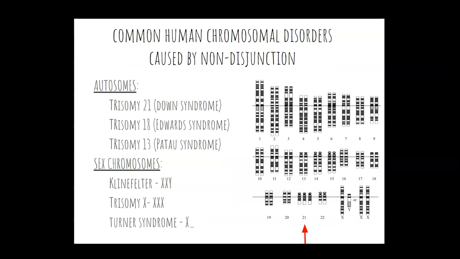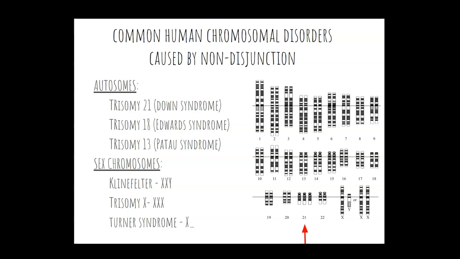There are quite a few human chromosomal disorders that are caused by non-disjunction, and these include chromosomal disorders where there is non-disjunction in the autosomes. So for example, if you end up with 3 copies of the 21st chromosome, that would result in a disorder referred to as Down syndrome.